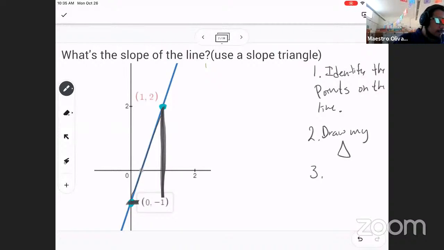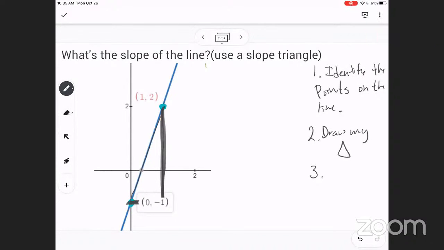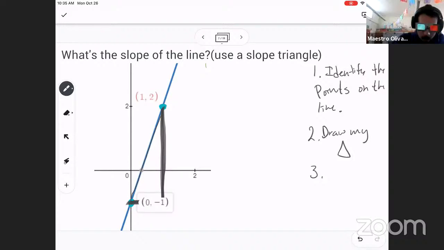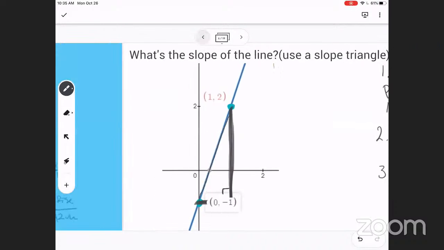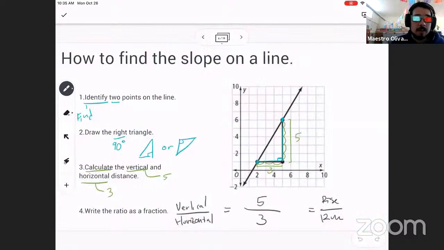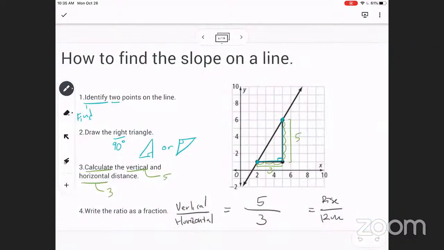Oh, okay. Thank you for letting me know. Andres, do you mind unmuting yourself and letting us know what the third step is? Yeah, we have our 90-degree triangle, right? I didn't draw the little 90-degree right there. But what's our third step? According to this list right here, what's our third step?